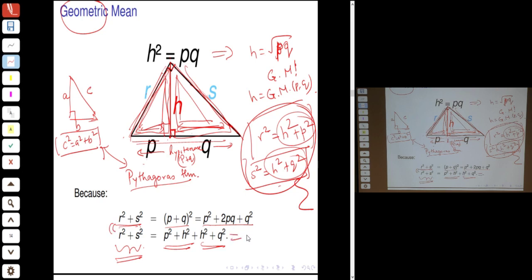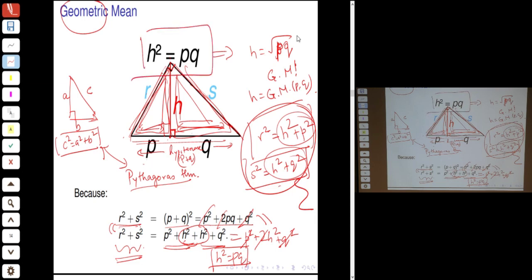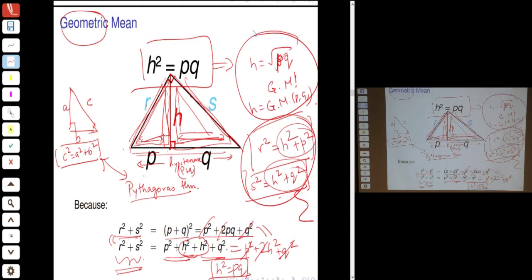This is nothing but p square plus, you can get the 2h square together, so 2h square plus q square, and these two should be equal. So, p square cancels with p square, q square cancels with q square, 2 cancels, and you get h square equal to pq. Okay. So, indeed h square equals pq, and therefore, h is the geometric mean of p and q. So, that is what is geometric about the geometric mean. Any questions?